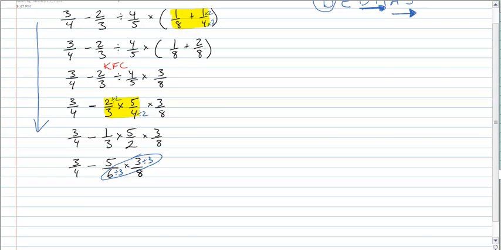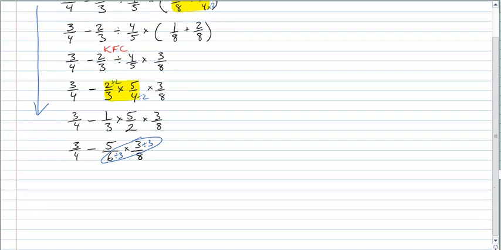There's no common number that goes into 5 or 8, so I'll rewrite this question again now as 3/4 minus 5 over 2 times 1 over 8.